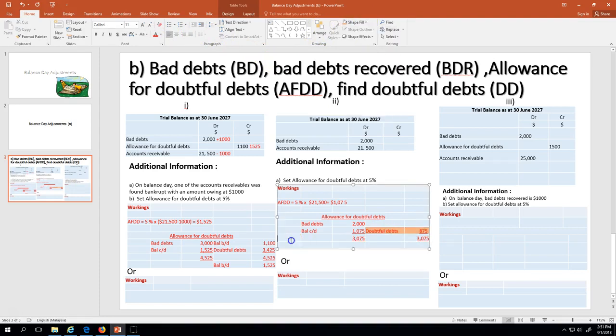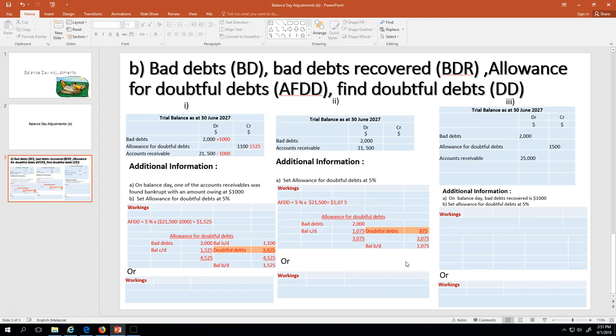Let's put this in another color. Doubtful debt is what we want to find. Why? Because this is the amount that we wanted to find so that we can put it under our SOCI in other expenses. Alright, continue.